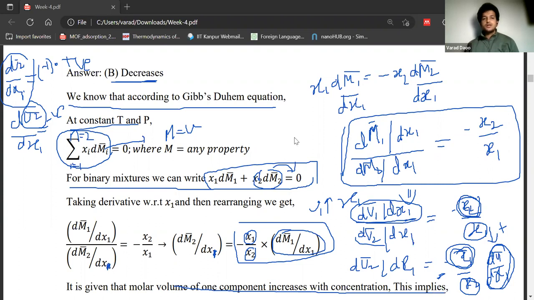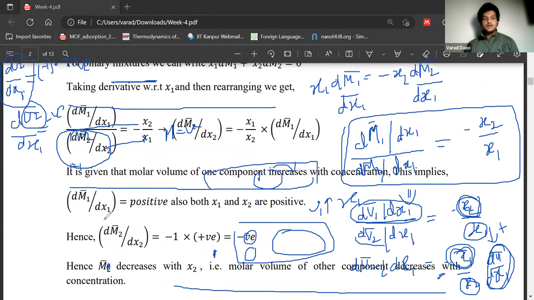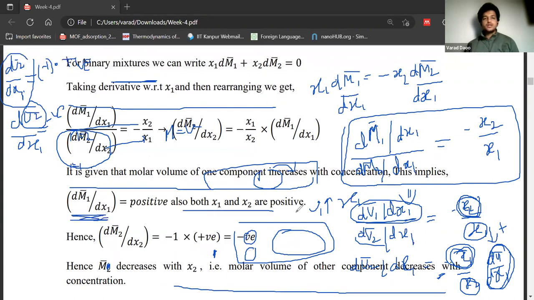So dv2 bar by dx1 is minus 1 multiplied by a positive term, which is going to be negative. So here it has to be x1. With respect to x2 it's going to be positive, whereas with respect to x1 it's going to be negative. So the molar volume of the other component decreases.